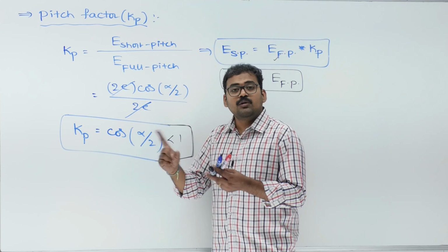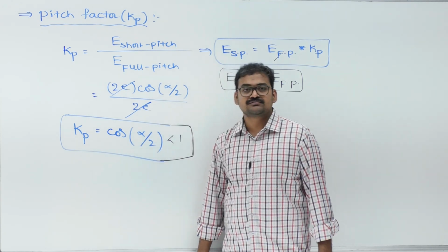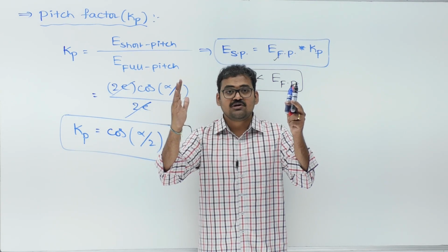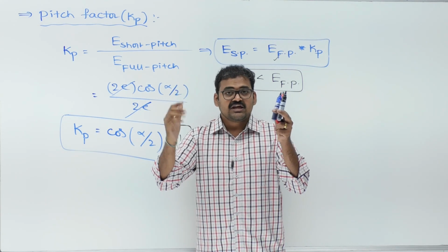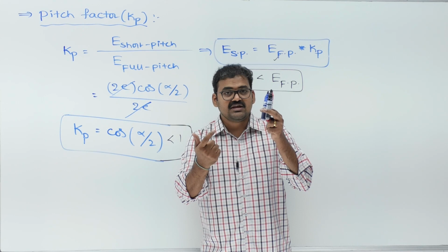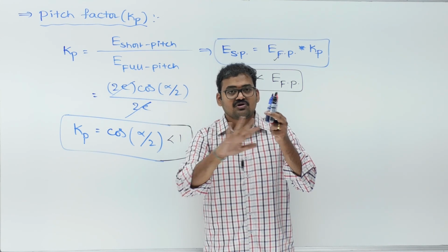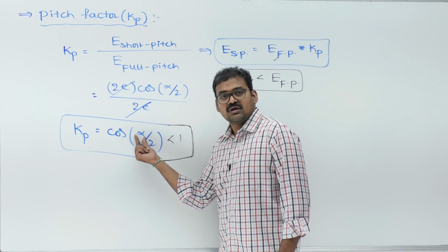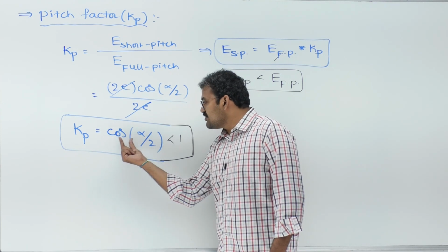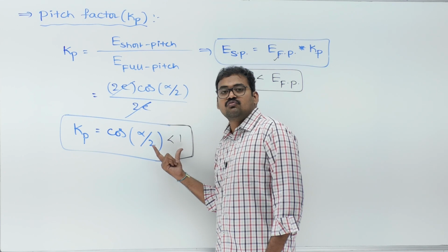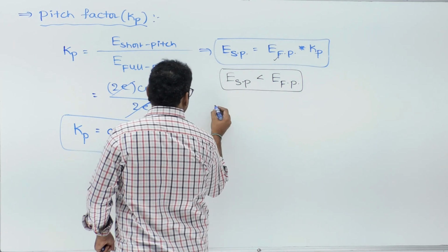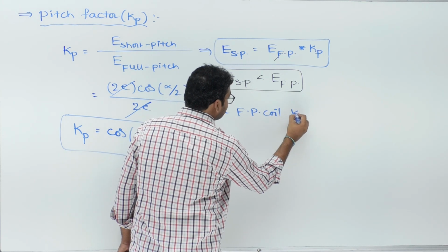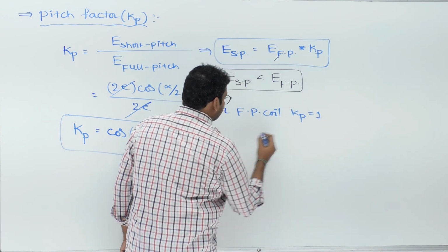Suppose it is a full pitch coil, what is alpha equal to? Full pitch coil means the coil span is exactly 180 degrees. Therefore, it is not shorted by any angle. It is not at all shorted. That's why the short pitch angle is equal to 0. If the short pitch angle is equal to 0, cos 0 is equal to 1. Therefore, I can write for a full pitch coil, pitch factor is equal to 1.